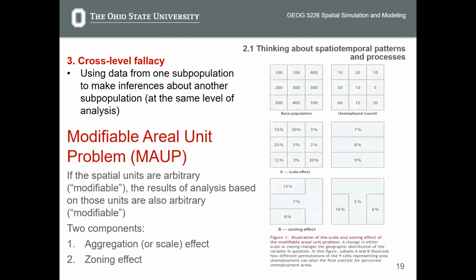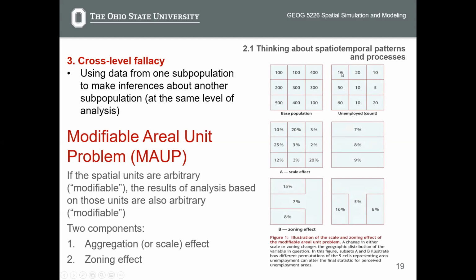So here is an example. For example, here we have 9 enumeration units, and this grid is showing the population for each unit. Unit 1, 100 people, unit 2, 100 people, etc. And here on the right side, we have the unemployed count for each enumeration unit.